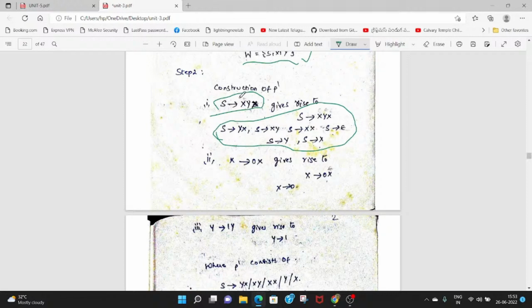At this time you can take this production directly, and the next time you can vanish this X, you get YX. Next time you can vanish this Y, you get XX. Then if you vanish this X, we get XY. And after that, you can vanish two things. Then XY vanishes, and you get single X.